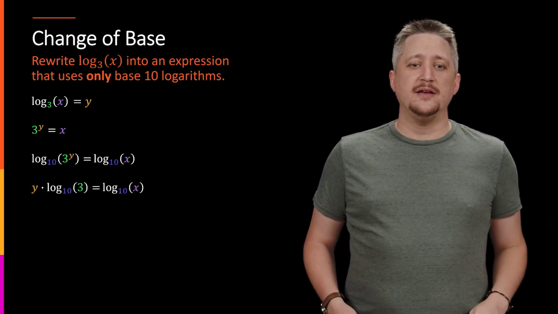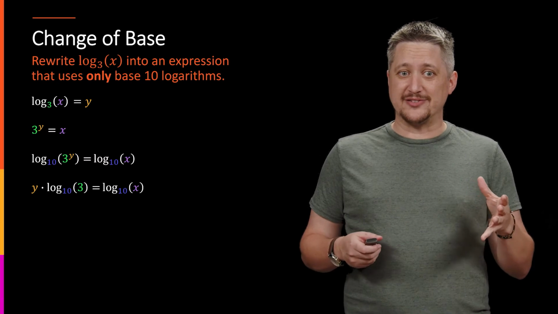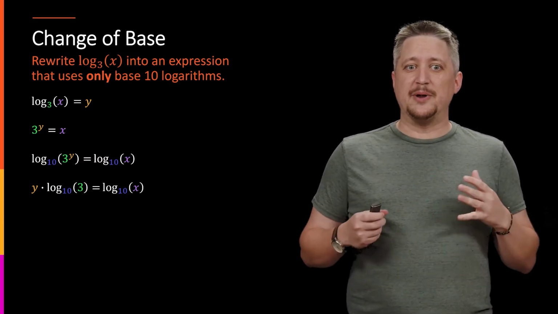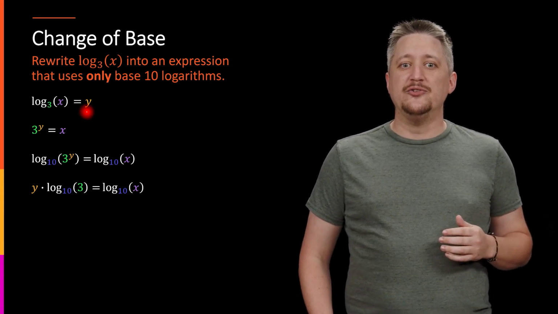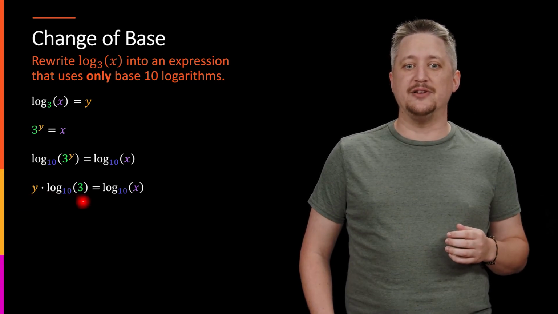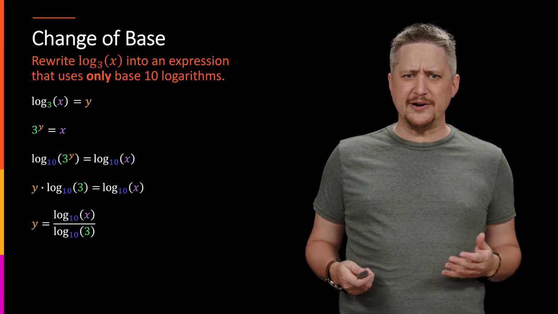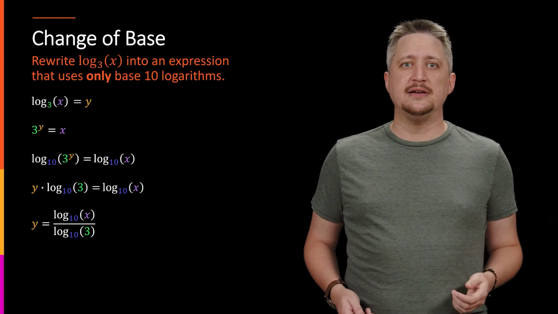But remember, my goal is to rewrite this log base 3 of x as log base 10 of stuff, and I gave that thing the name y. So I'm going to re-isolate y. To do that, I'm going to divide by that log base 10 of 3, moving that over. So now I have y is log base 10 of x divided by log base 10 of 3.